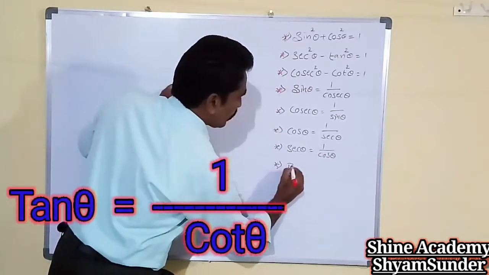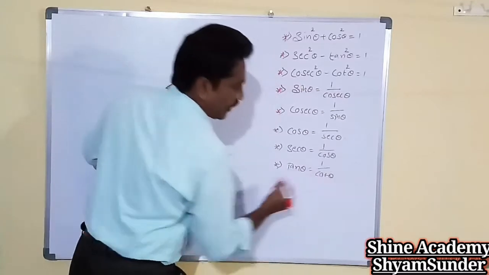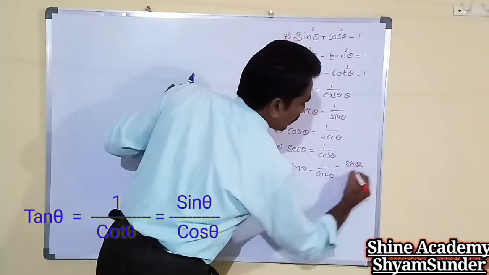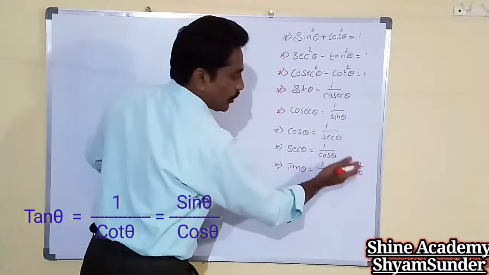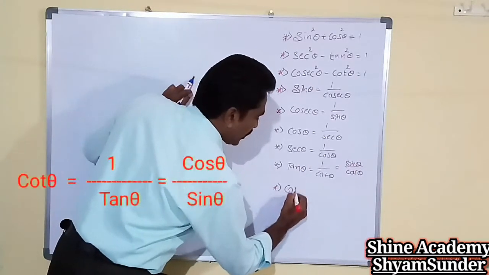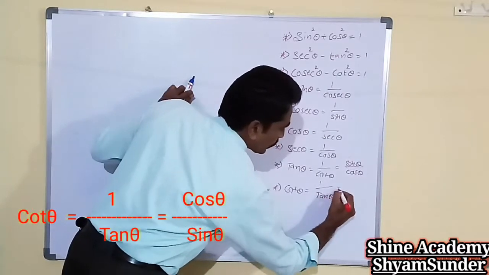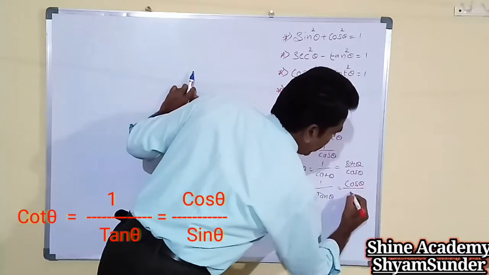Tan theta is equal to 1 by cot theta. It is also equal to sin theta by cos theta. Cot theta is equal to 1 by tan theta. It is also equal to cos theta by sin theta.